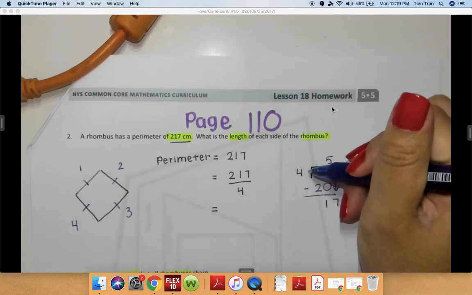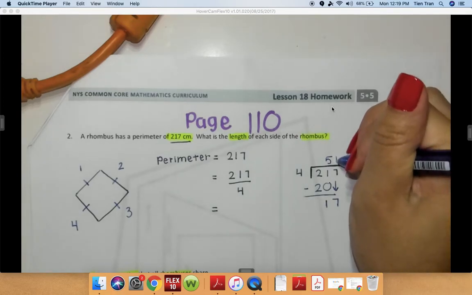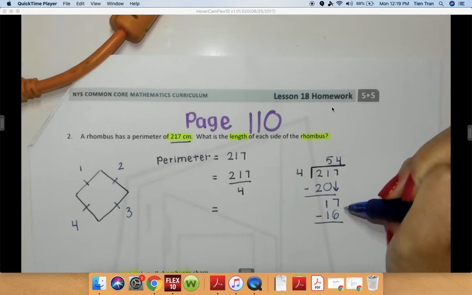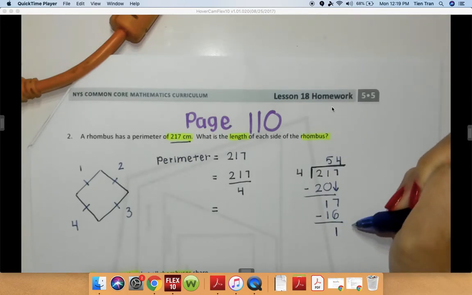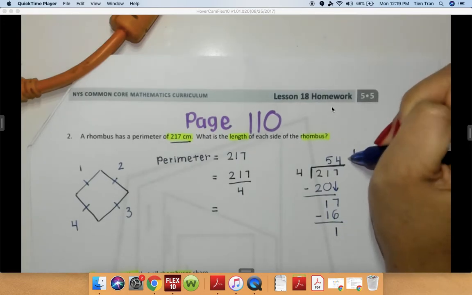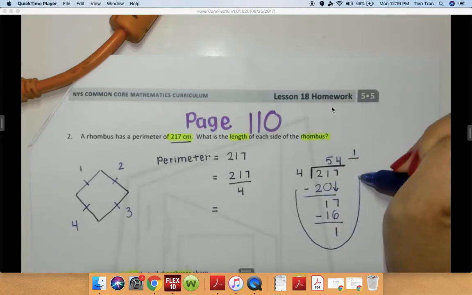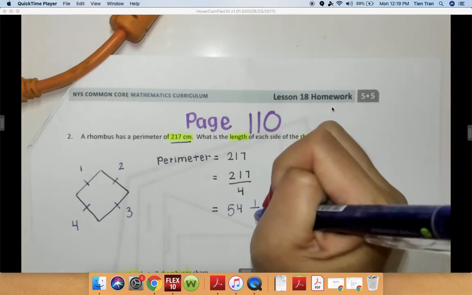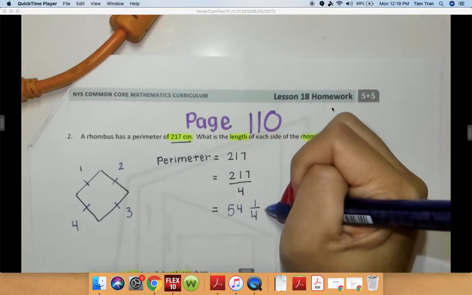Bring down my 7. 4 can go into 17 4 times because 4 times 4 is equal to 16. 17 minus 16 is equal to 1. So my remainder is 1 and my denominator is going to be 4. So my final answer is 54 and 1/4 centimeters.